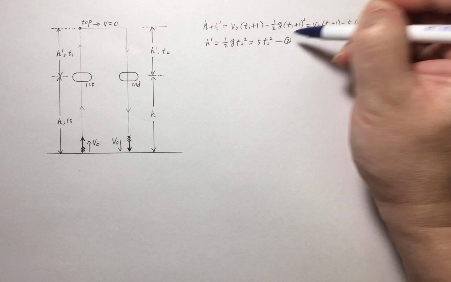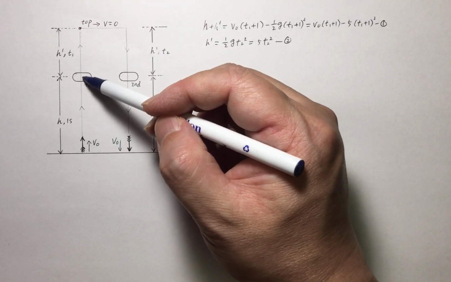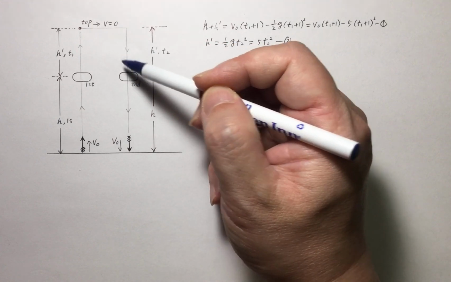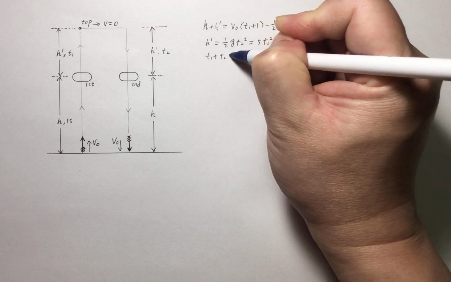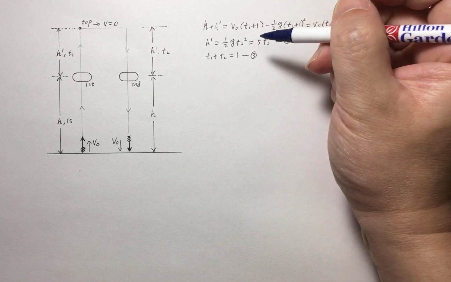This is equation 2. And then we know that the arrow goes through the first loop and then goes through the second loop. The time is t1 plus t2, which we know is 1 second. So that's equation 3.